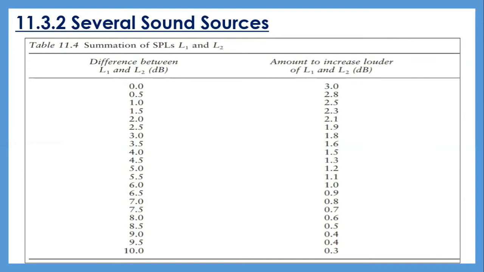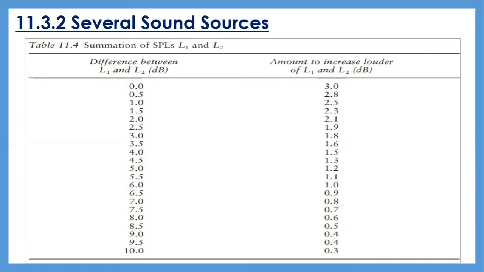The combined SPL from several sound sources can be calculated from first principles, although it is usually estimated by calculating the difference between the two loudest SPLs and adding the amount shown in table 11.4 to the louder of the two.